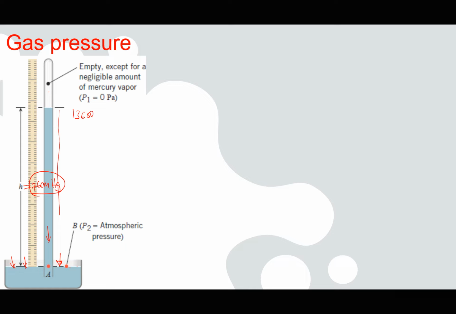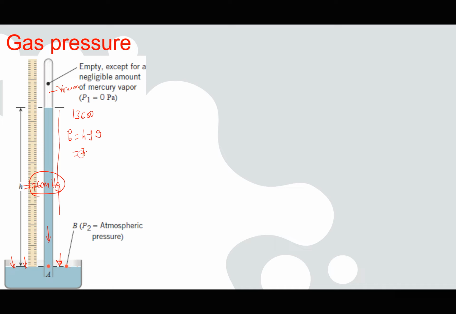Here it is a vacuum, because the mercury does not leave anything out there. You mentioned that in IGCSE. So let's find the atmospheric pressure P2. It is going to be the same as the pressure due to this height h, because there is no more mercury coming out of the tube. So it is going to be h rho g.